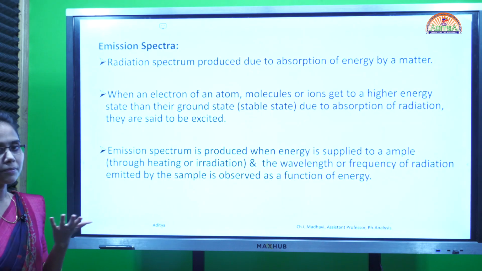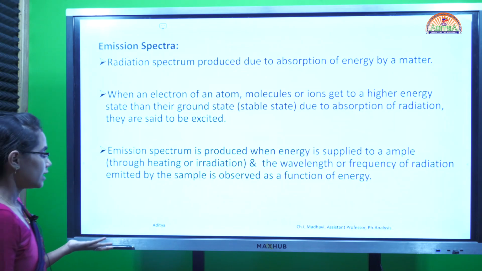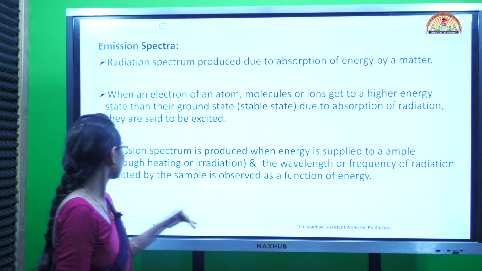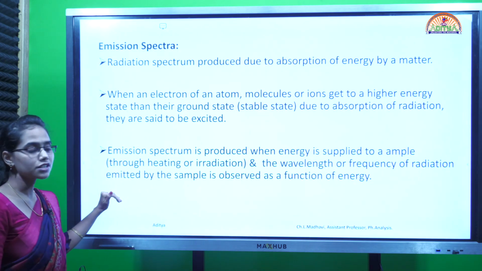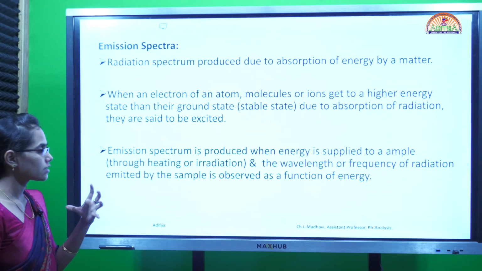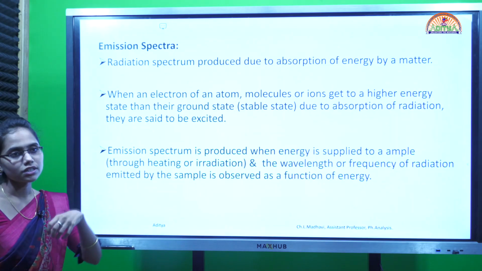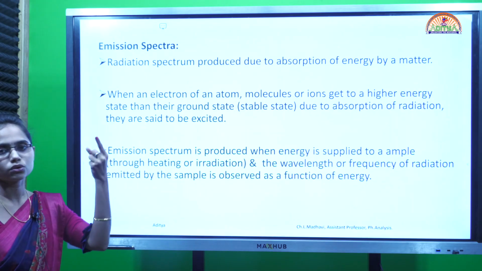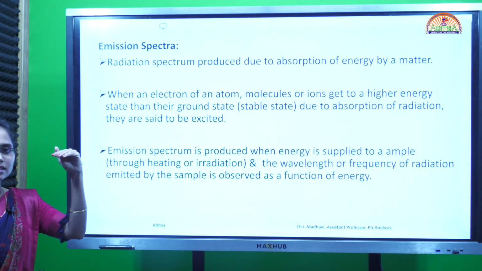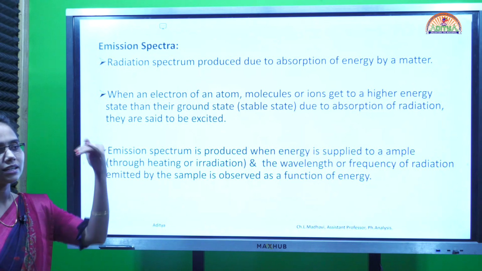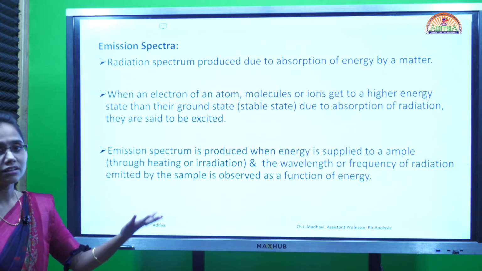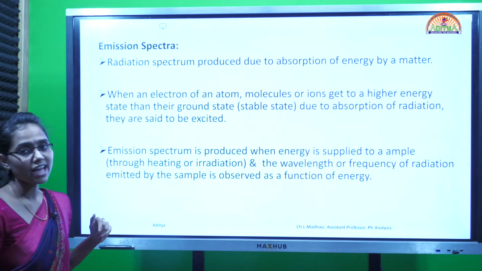The energy can be supplied either by heating or irradiation, and the wavelength or frequency of the radiation emitted by the sample is observed as a function of energy. So when energy is given through heating or irradiation, they take that energy and go to the excited state. Since it is a highly unstable state, they descend to the ground state, emitting radiation. That emitted radiation is studied as a function of energy.